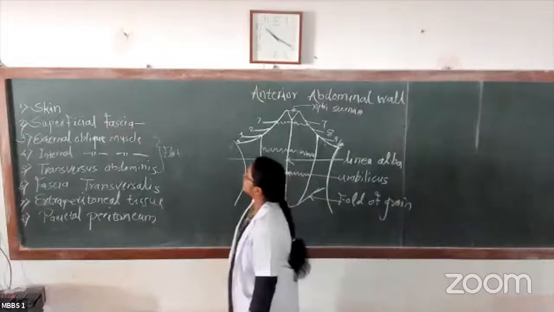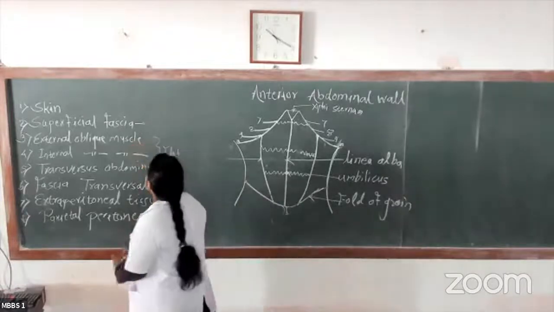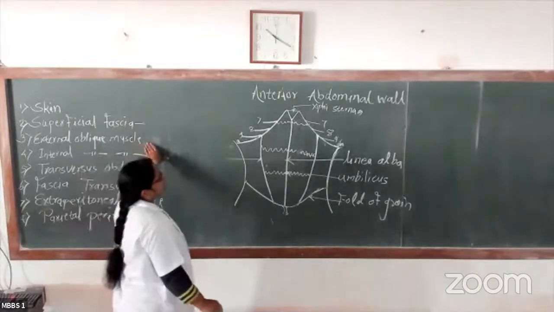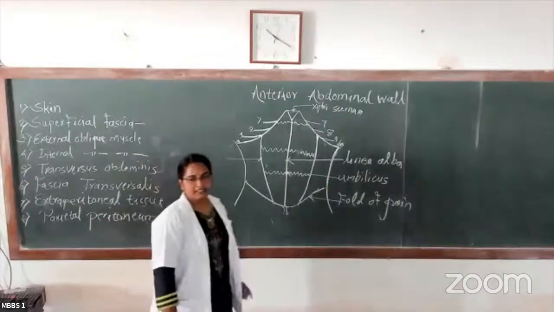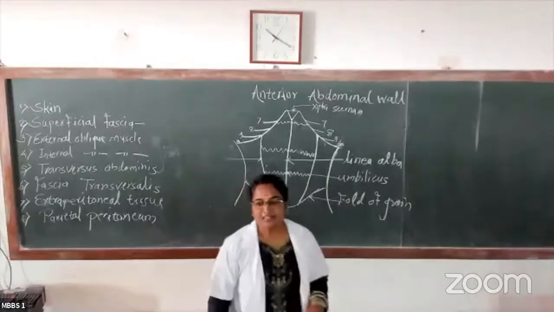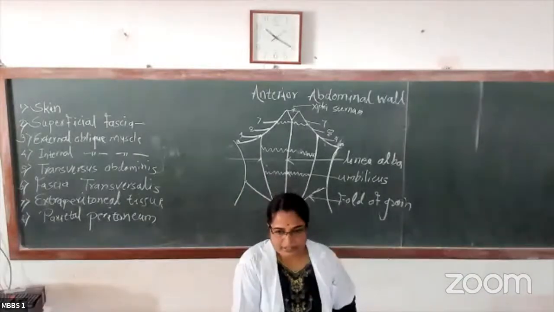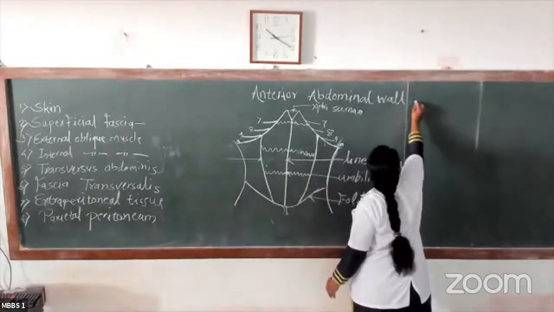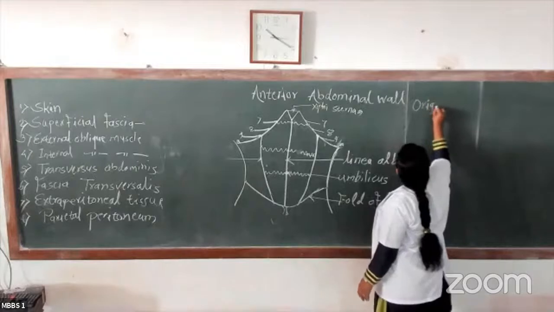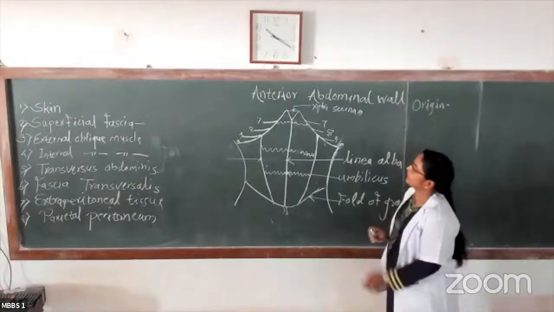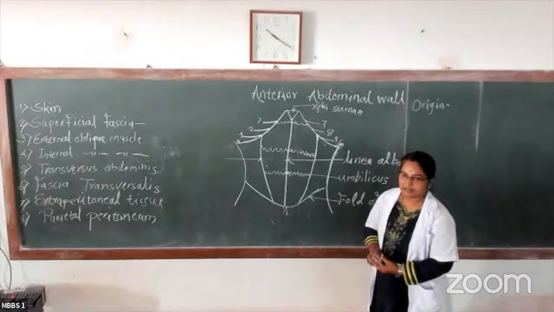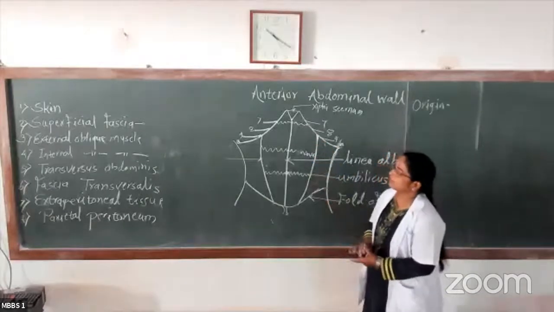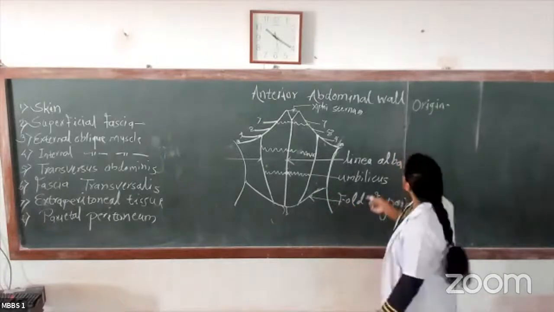So first we'll see the external oblique muscle of the abdomen. This is the first flat muscle. As this is a muscle, it has to be studied in the sequence: origin, insertion, action, nerve supply, etc. The origin of the external oblique muscle arises in the form of 8 fleshy slips, from the outer surfaces and lower borders of the lower 8 ribs.